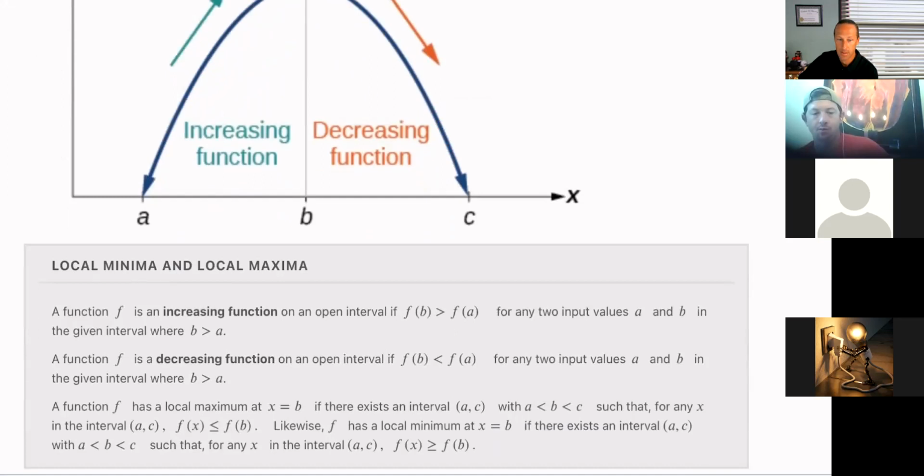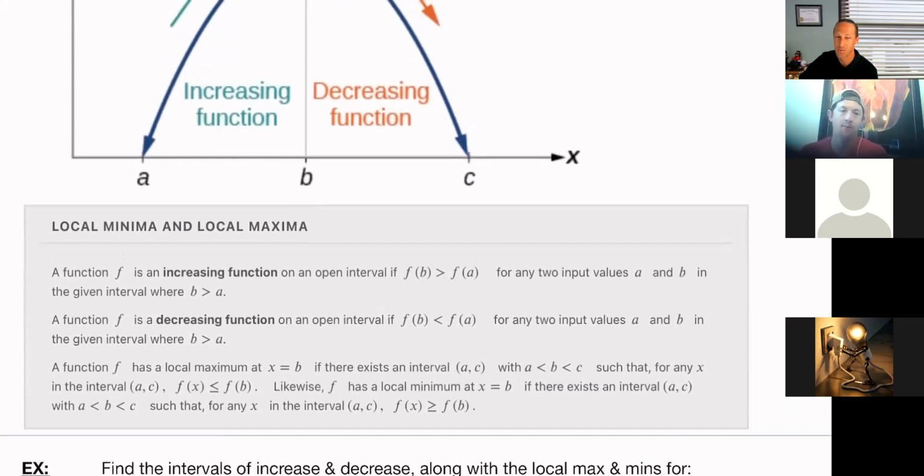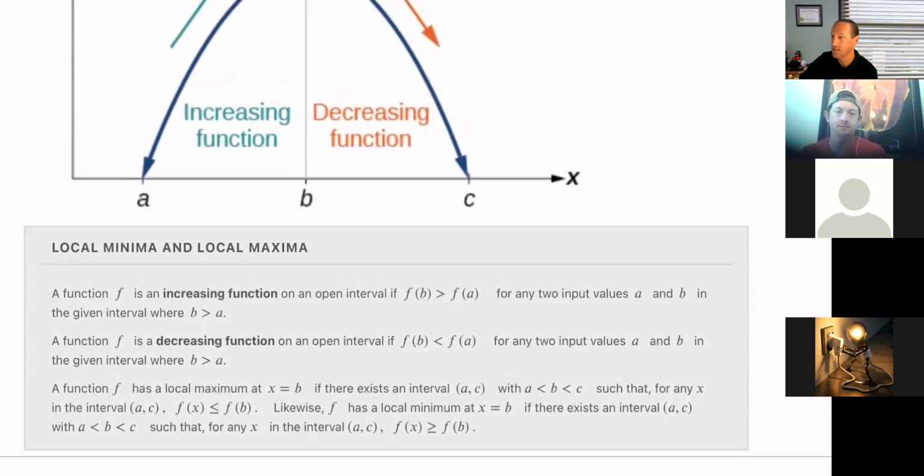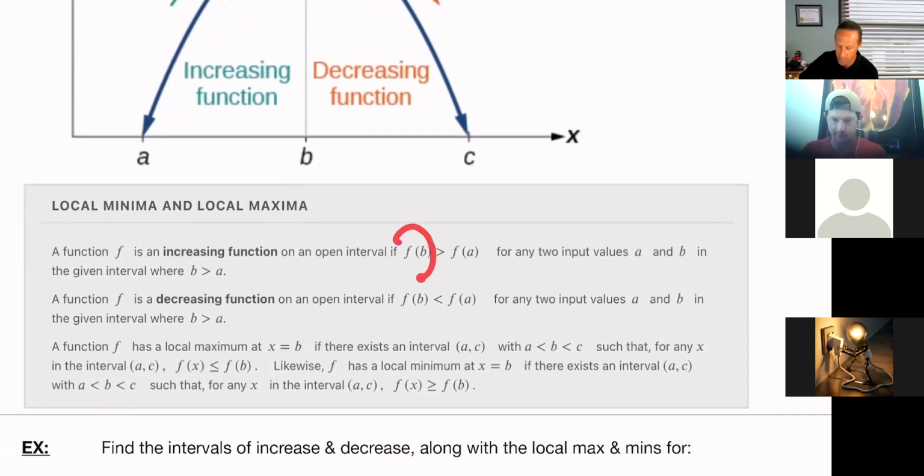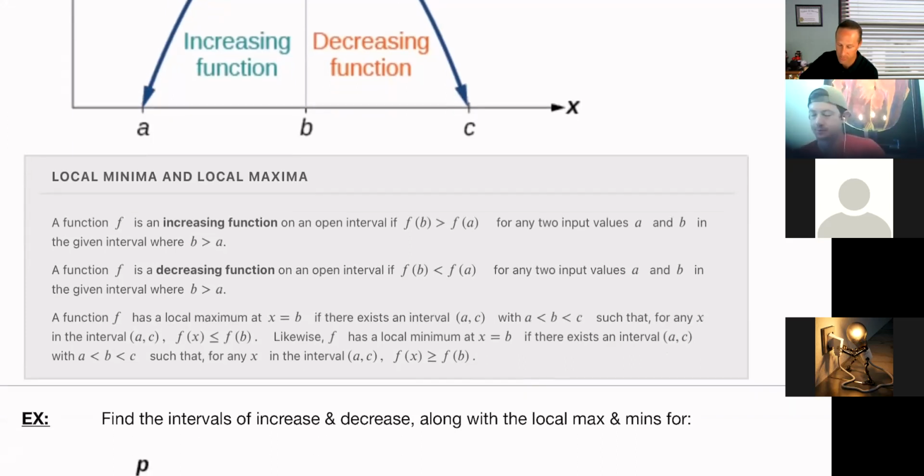So here's the technical definition, which I don't like because it's very confusing. That's why I like to show you guys by graph. But it basically says that all of these y values are greater than these y values everywhere. And if it's a decreasing function, then all of these y values are less than these on this interval.